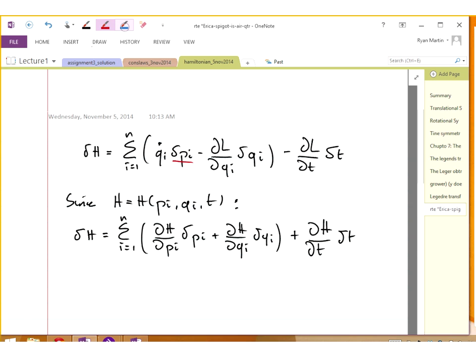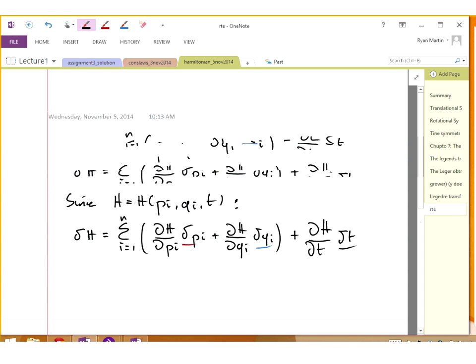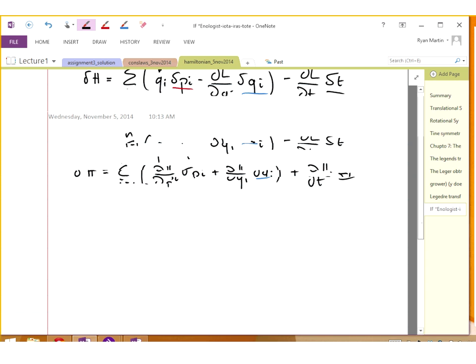So now again, we compare the terms that go with the delta p_i's, the terms that go with the delta q_i's, and the term that goes with the delta t.